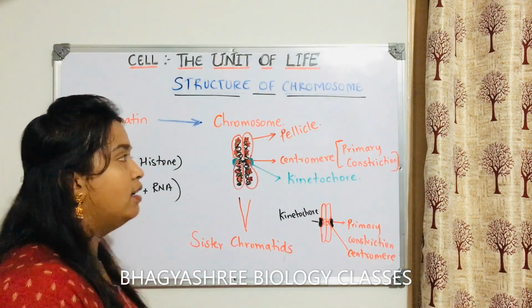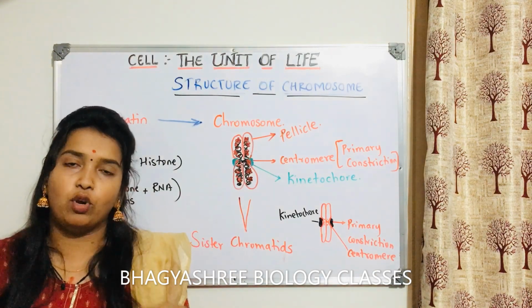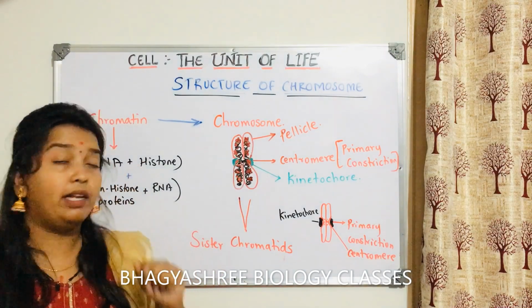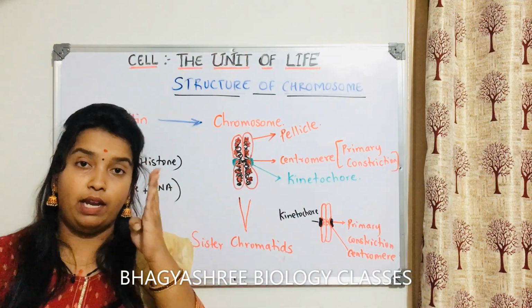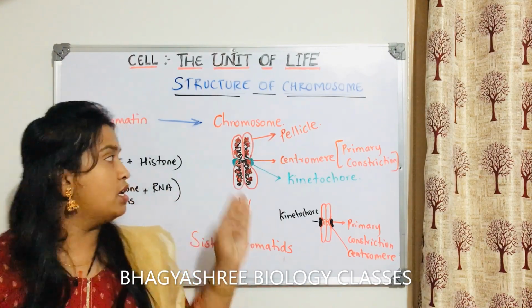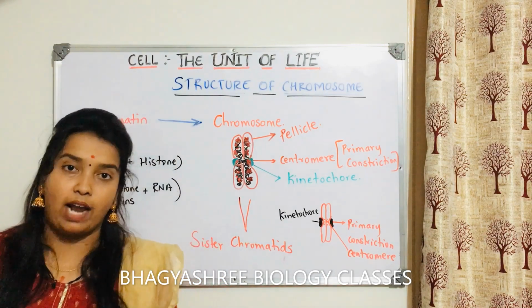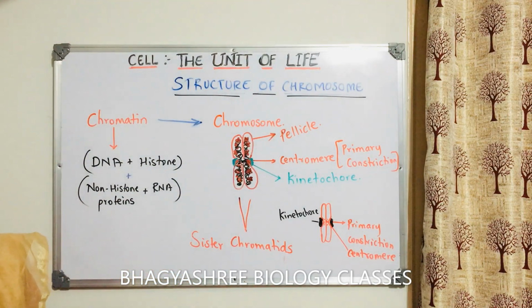What is pellicle? It is nothing but the proteinaceous covering for the chromosome. Why does it need to be covered? Because it has genetic material. Nothing should happen to that genetic material. It should be protected. So there is a protein covering. Just as other organelles have a membrane, in the same way, chromosome also has an outer membrane. I hope you understood this also.